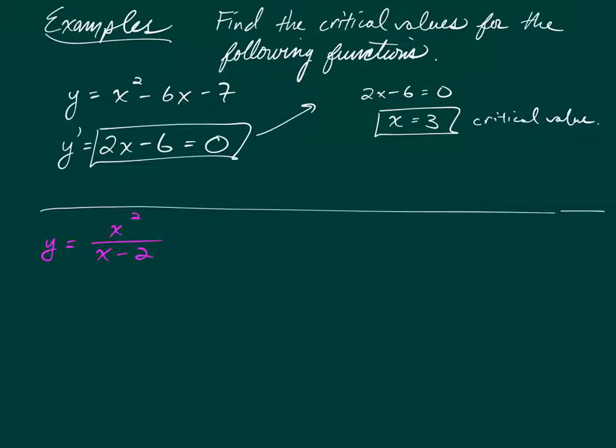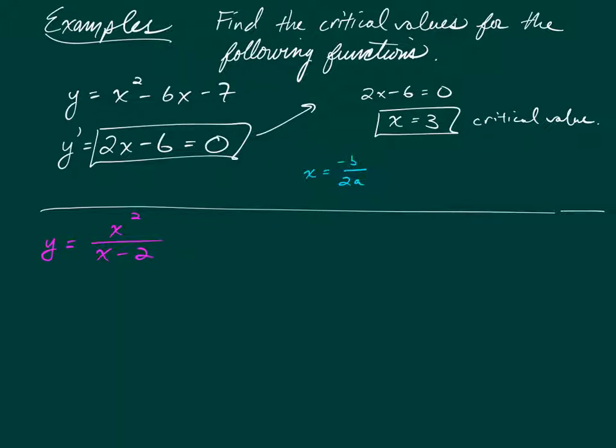And remember, we said critical values are where the maxes and mins happen. Well, if you go back to your college algebra or algebra 2, you may remember that you can find the x-coordinate of a vertex of a quadratic function by using x equals -b/2a.